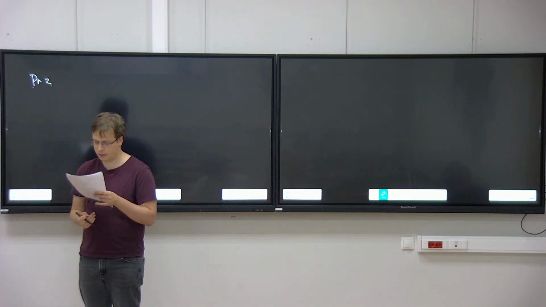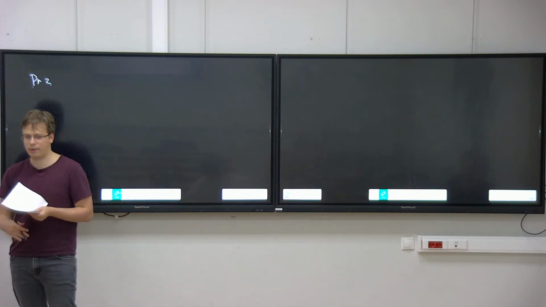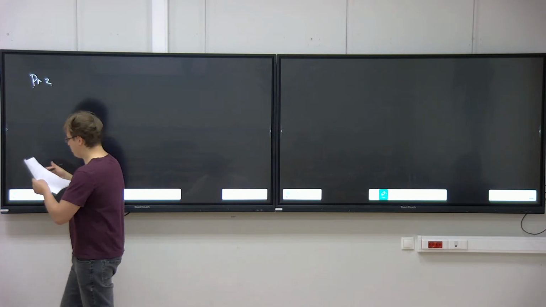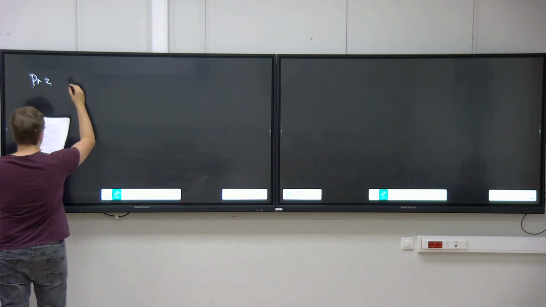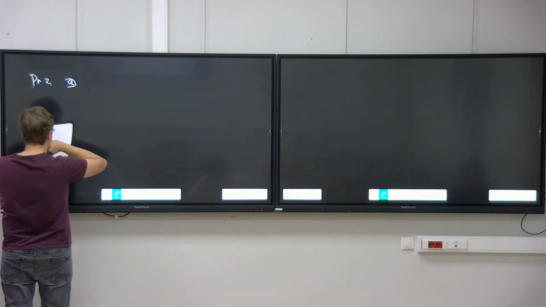Actually, we'll see that for a large prime there are many ways to represent it as the sum of 2 cubes. There also exists an elementary solution, completely elementary, but a bit nasty.